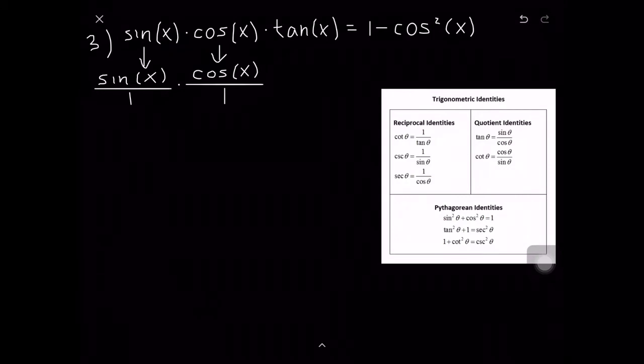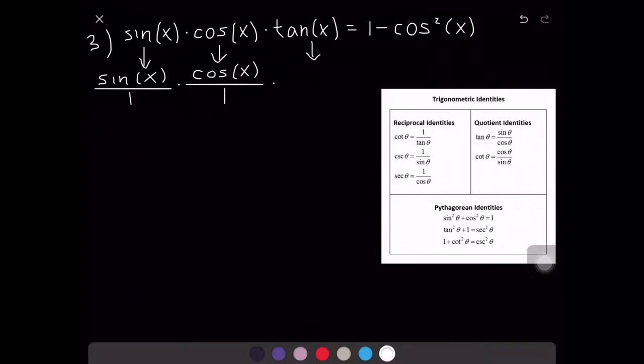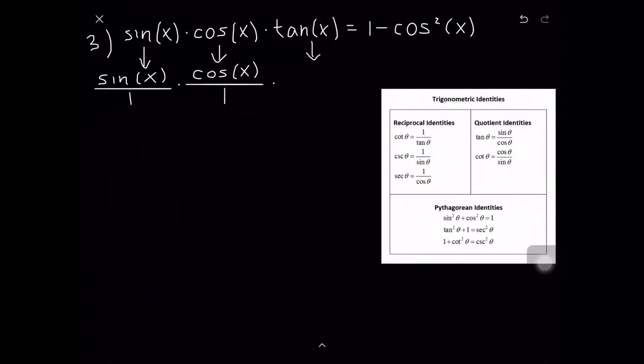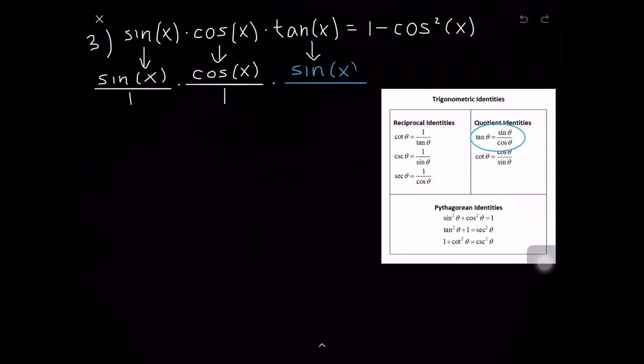But with tangent of x, I'm going to replace it with sine over cosine, which we see in our quotient identities, and we are going to write it in light blue. Sine of x over cosine of x.